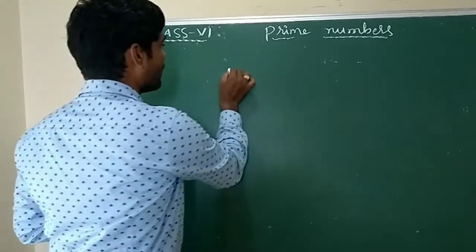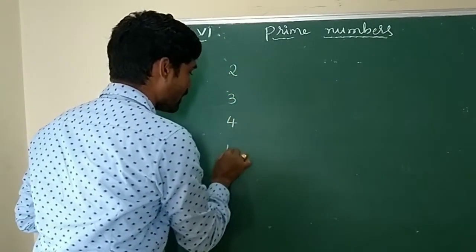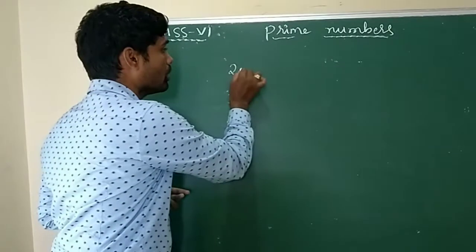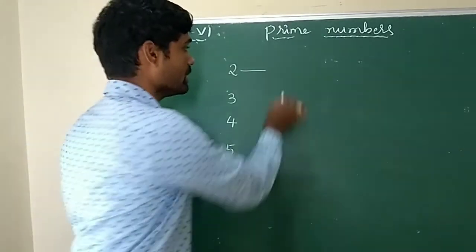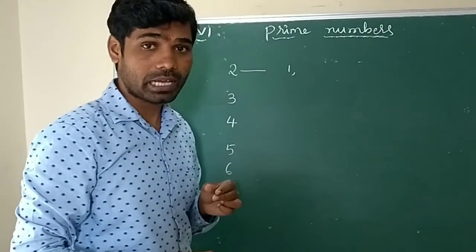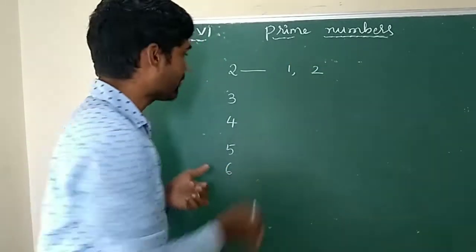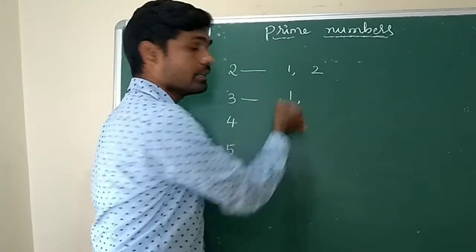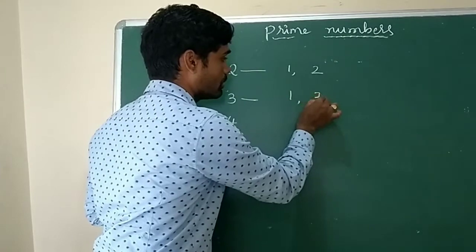See, for example, let us write 2, 3, 4, 5, 6, some other numbers also we can write. Here, 2. So 2 is divisible by 1 and itself. Next 3. So 3 is also divisible by 1 and itself: 1 3s are 3, and 3 1s are 3.